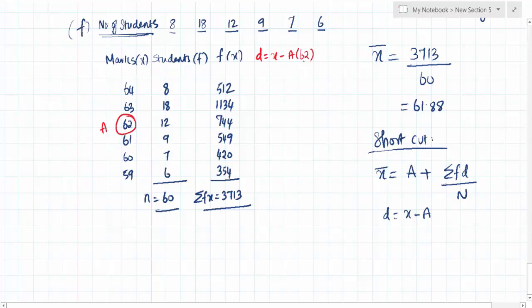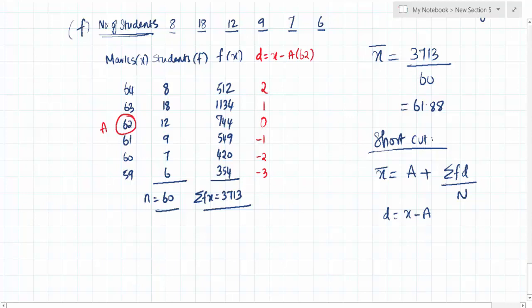You have to subtract each and every item in x by this 62. So 64 minus 62, you are going to have d as 2. 63 minus 62, d as 1. 62 minus 62 is 0. 61 minus 62 is minus 1, then minus 2, minus 3. So this is going to be your d.